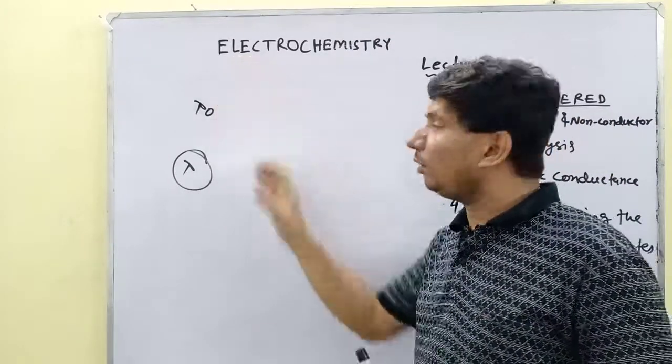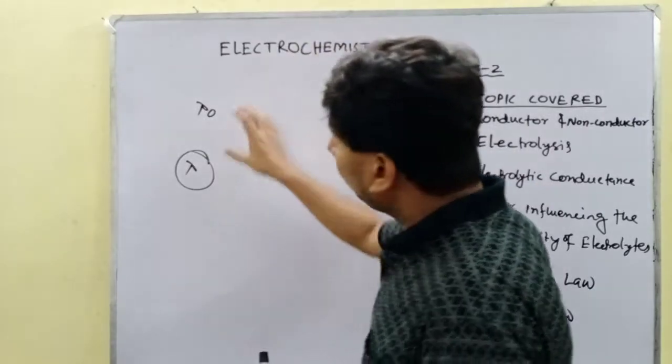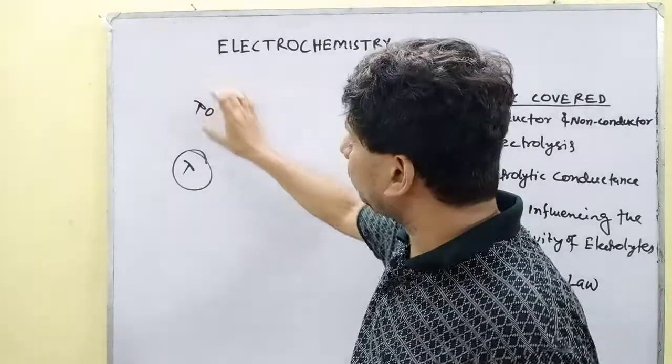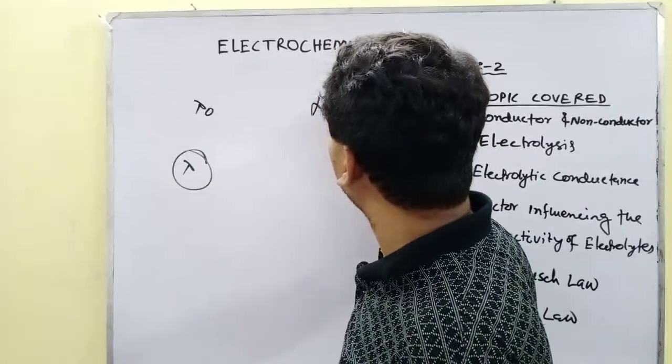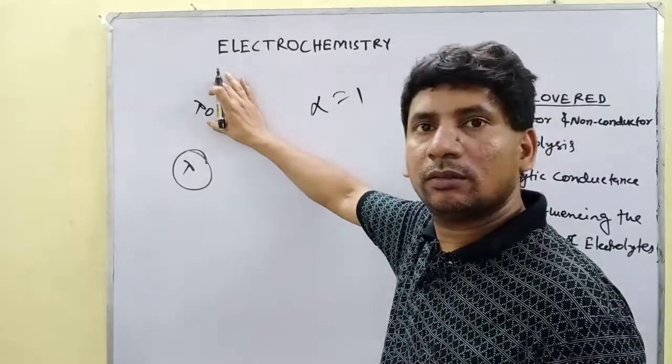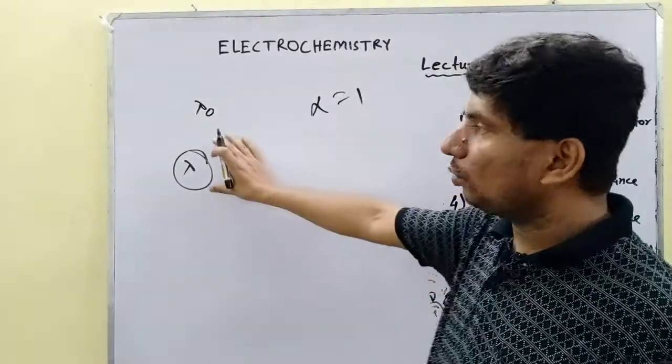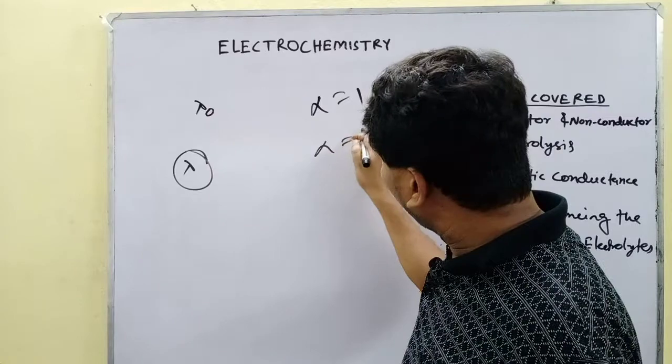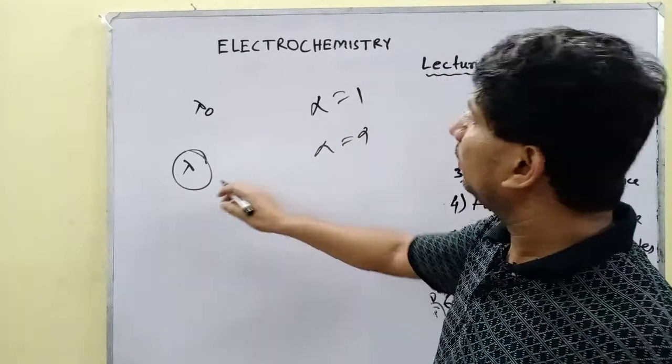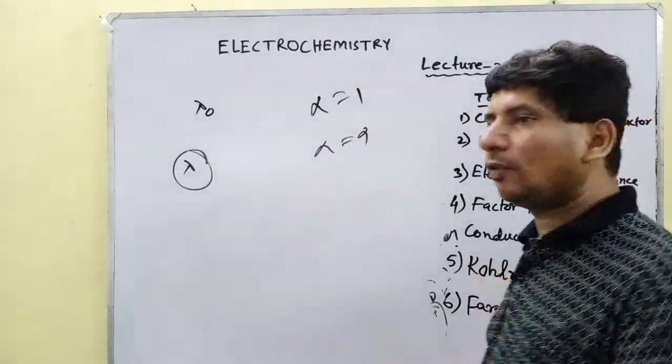Okay, then what happened? When it is complete dissociation, that means alpha is equal to 1, and when alpha is anything, then it is alpha.